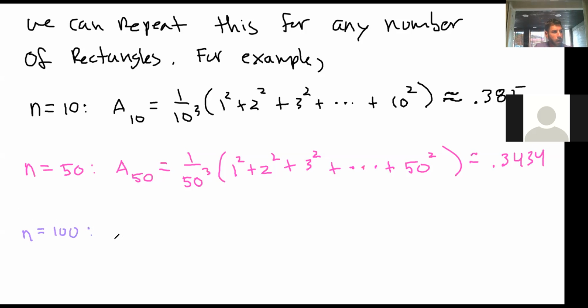If I do it for 100, I get 1 over 100 cubed times 1 squared plus 2 squared. And then, of course, this pattern continues all the way out to 100 squared. And when I do this, I notice something.